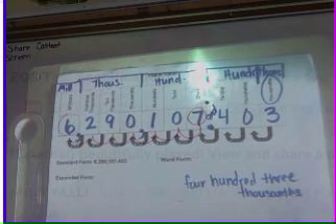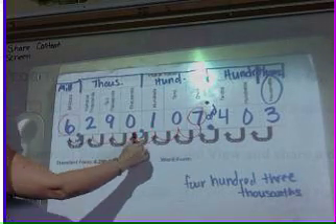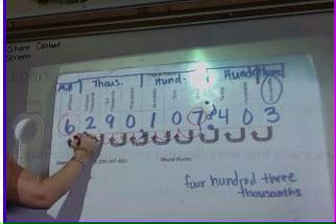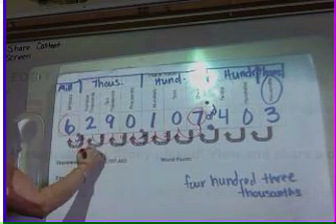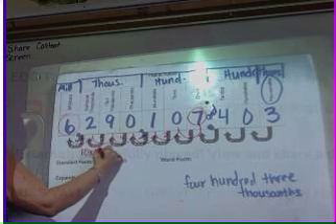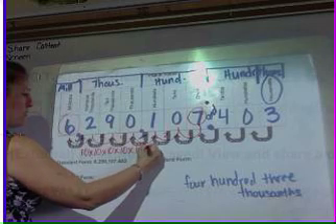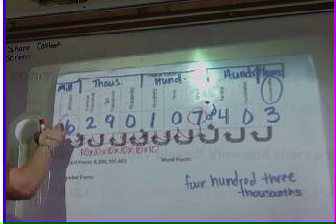Each one of those is a times 10. So we said 6 jumps. 1, 2, always count to make sure. 1, 2, 3, 4, 5, 6. And we put 6 tens. 1, 2, 3, 4, 5, 6. So now I have my 6 tens, my 6 jumps.